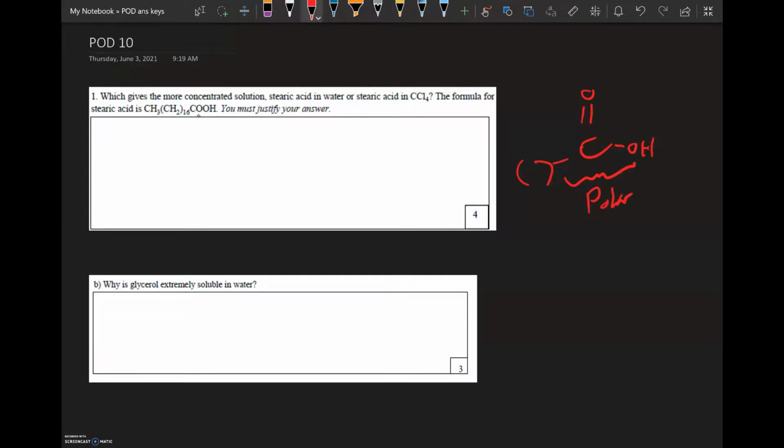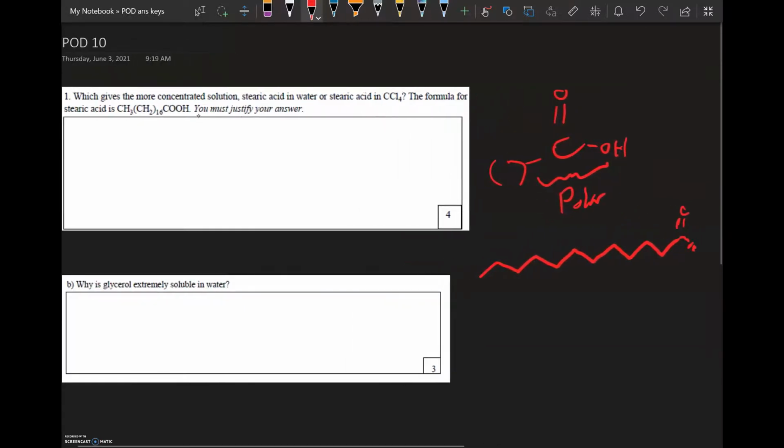Now, as we look at the structure of this compound, stearic acid, we have to understand that it's composed of mostly carbon hydrogen, and it's a bunch of them, and then you end it with this double bond oxygen with the OH group. So this compound is majority going to be nonpolar.